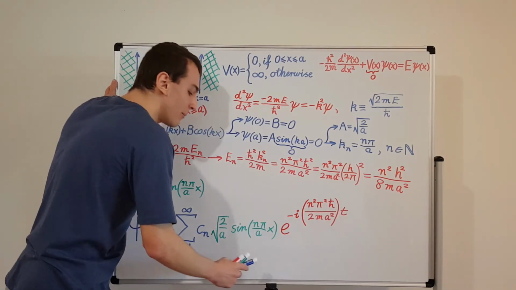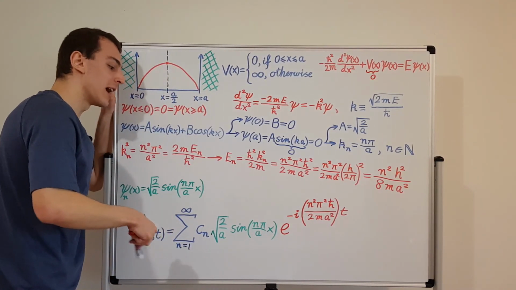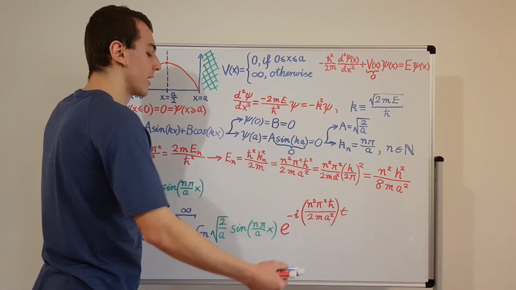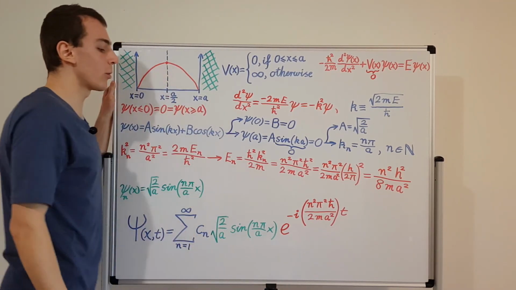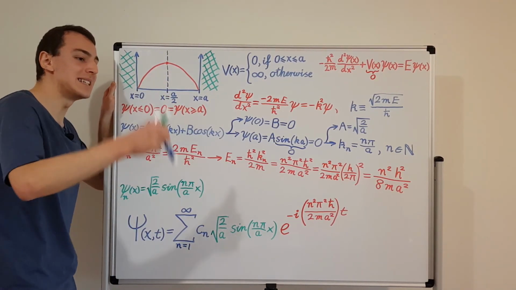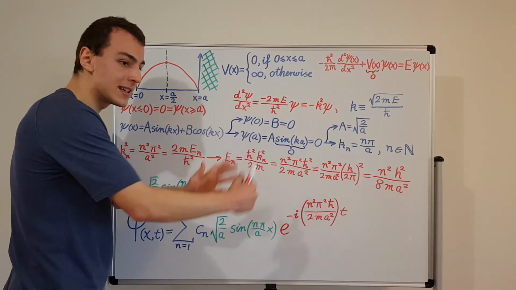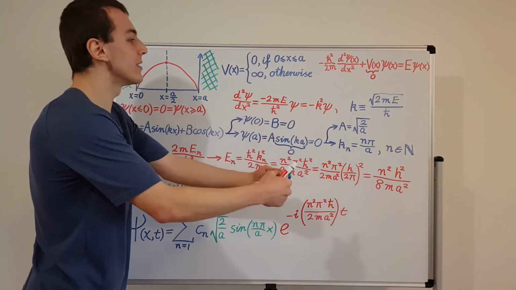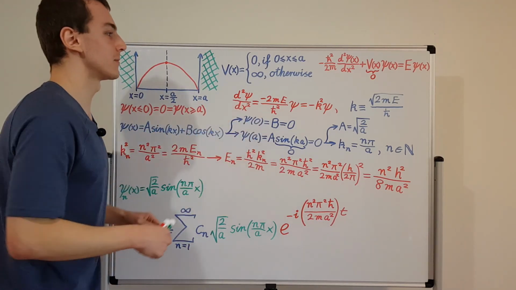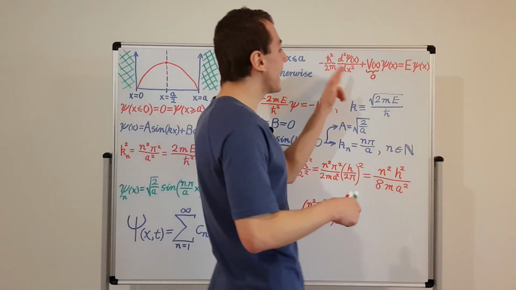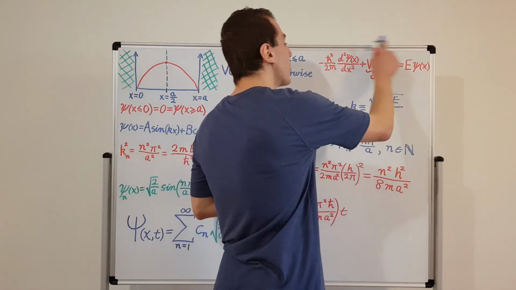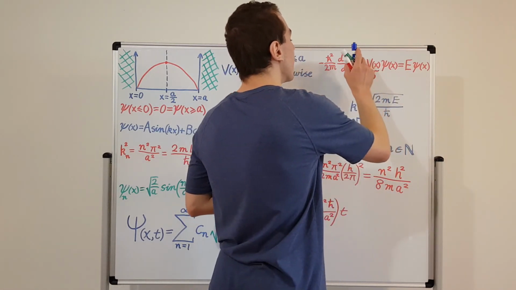So what happens when you're given an initial condition and the particle evolves over time? That is what we get from the time-dependent Schrodinger equation, where we have the Hamiltonian operator acting on the state, and that's the same as the time derivative with some constants out the front. But this guy over here, this is the time-independent Schrodinger equation, and that's what we used to find this eigenfunction.